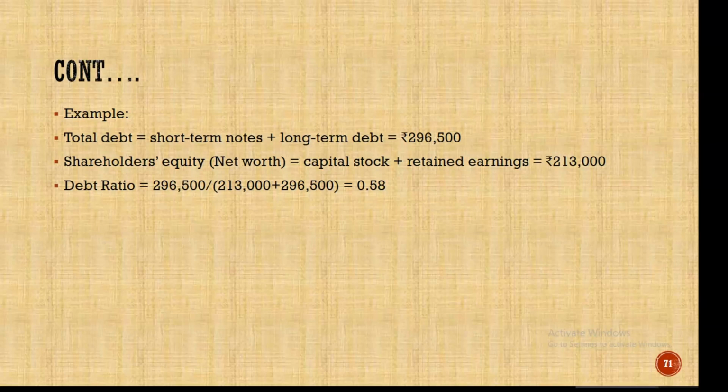The next information is concerned with shareholders' equity, which is also called net worth. That is capital stock plus retained earnings, and the amount given is 2,13,000. So by applying the formula, we arrive at 0.58 as the debt ratio.